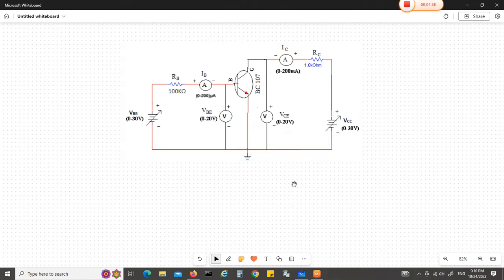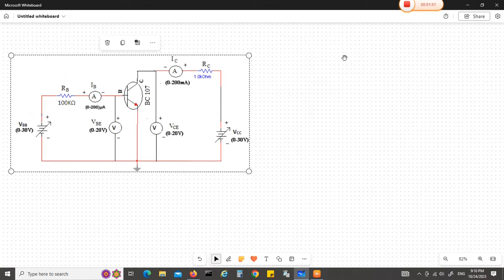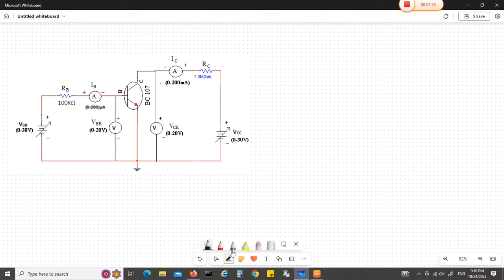Then, how do you do the experiment with the expEyes kit? Now let me explain the circuit diagram for the expEyes kit. We know the transistor pin configuration.